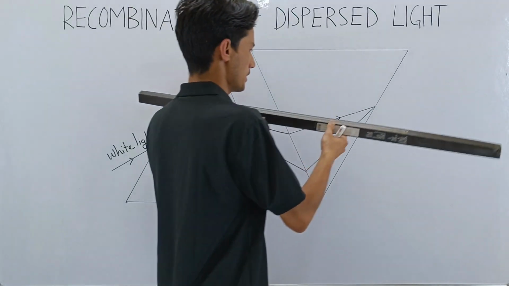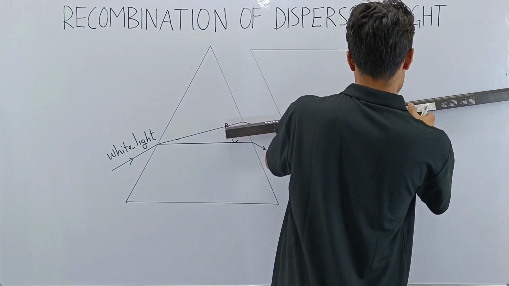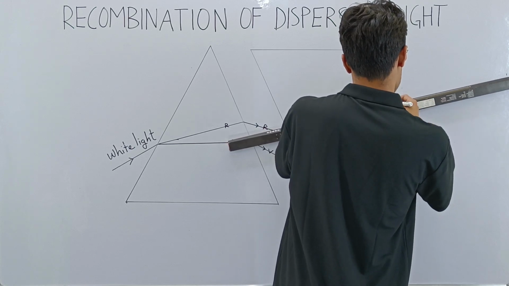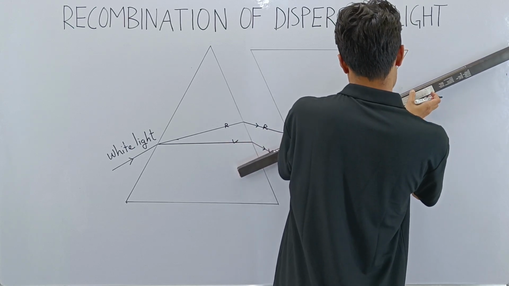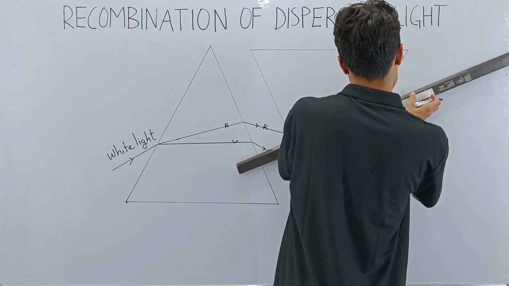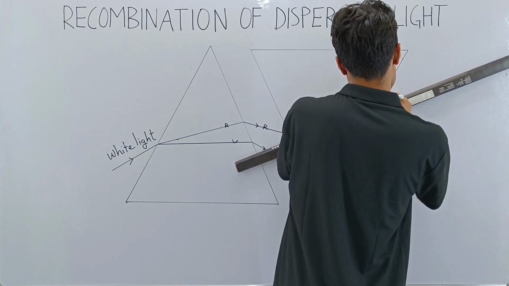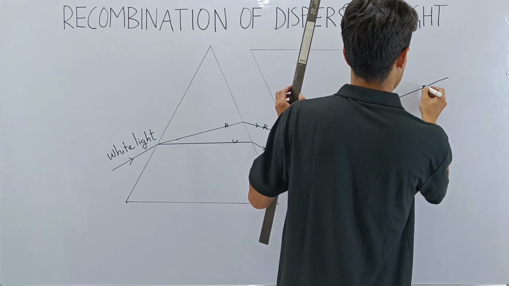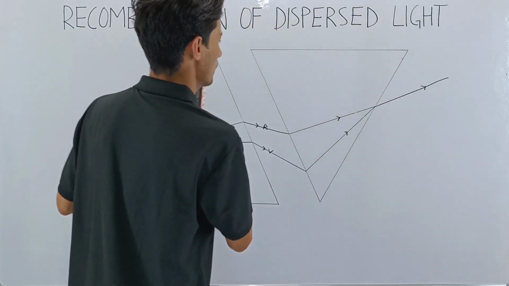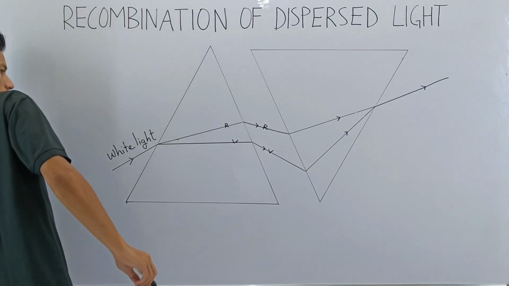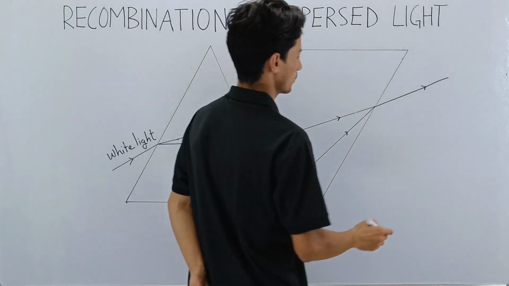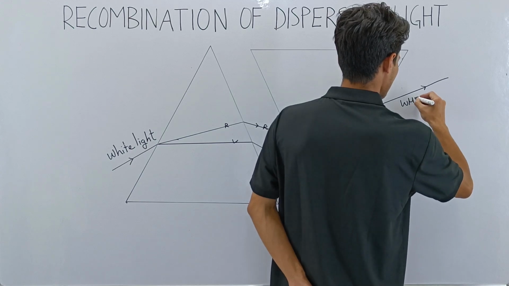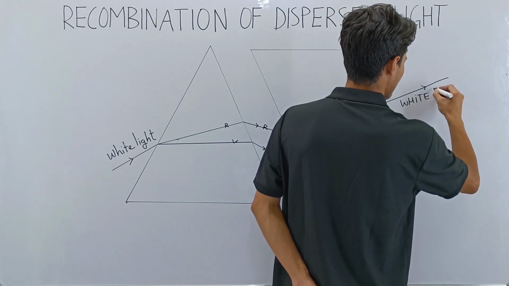So this is slightly an error, so it cannot be straight. Let us make it a little bit like this. It will never go straight like this. A little bit of bending has been done. Yes, at least this is correct, way better than the previous one. So this is how it will emerge out. This is the emergent ray, which is white. So this is the white light again.